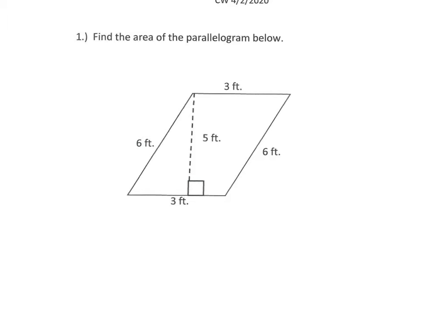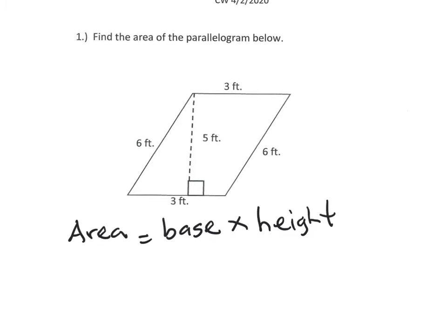Let's start by writing the formula for the area of the parallelogram. Area is equal to base times the height. Okay, and we have to determine which length is going to be the base and which length is going to be the height.